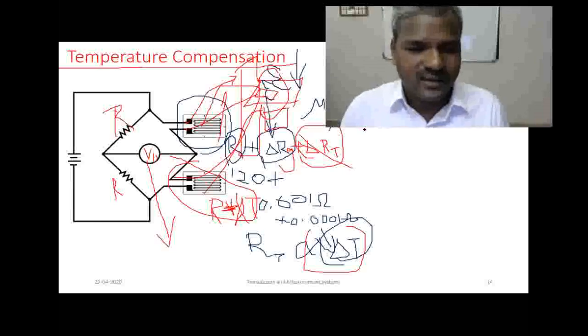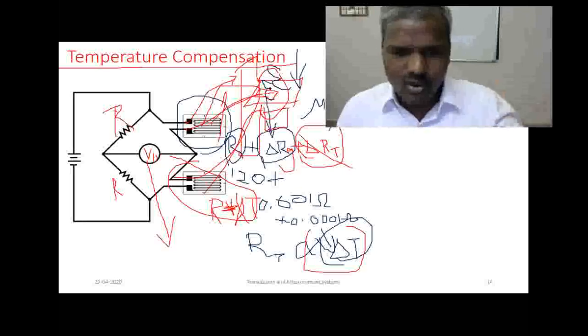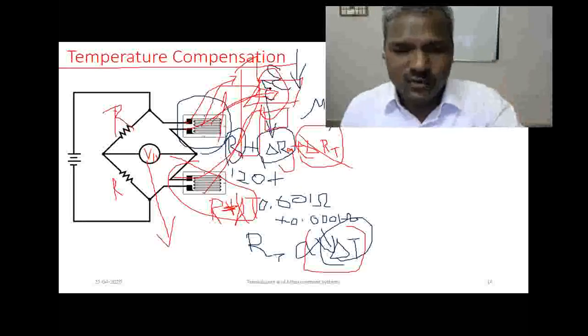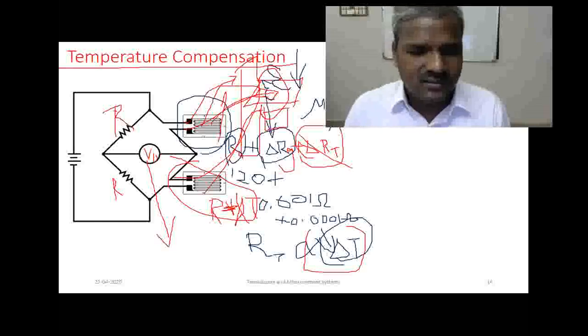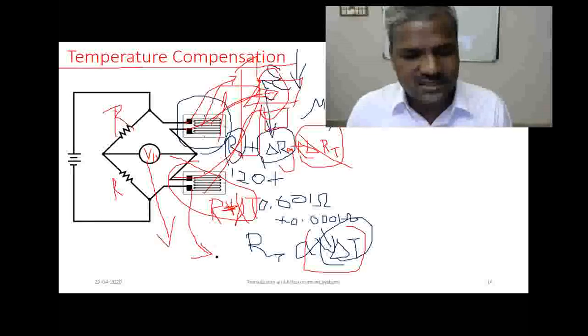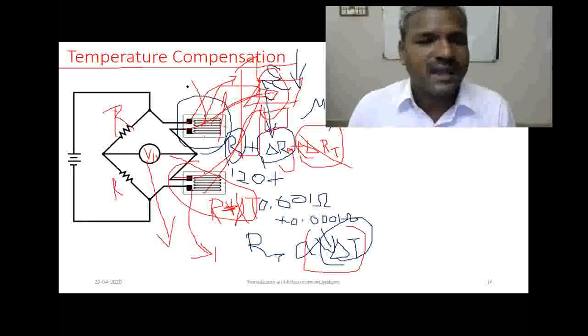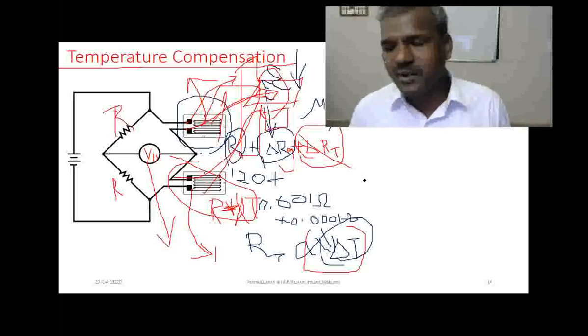The strain gauge which is bonded over the process is called the active strain gauge. The strain gauge which is not bonded over the process, but is exposed to the atmosphere very near to the process, is called the dummy strain gauge. The examiner may ask, what are dummy gauges?